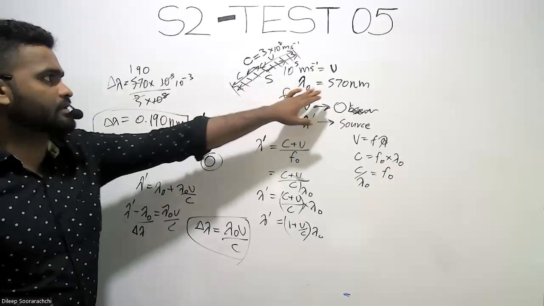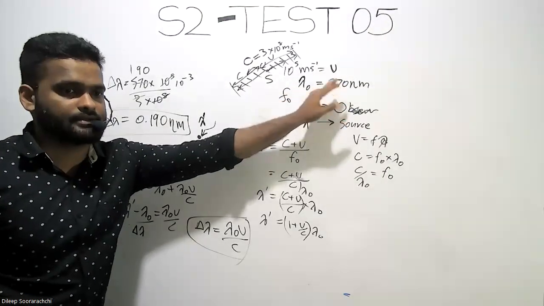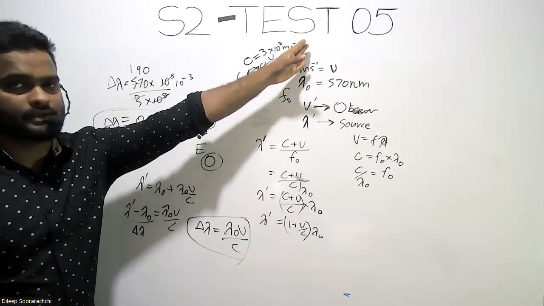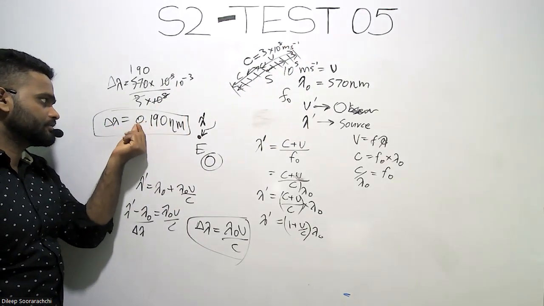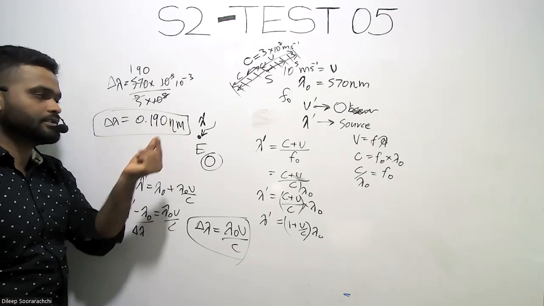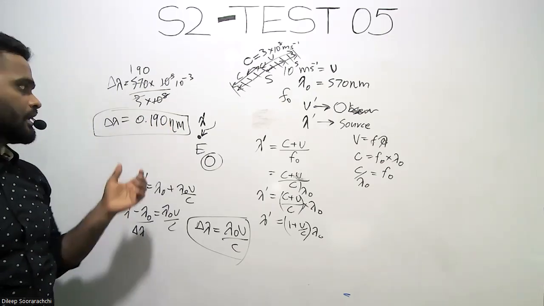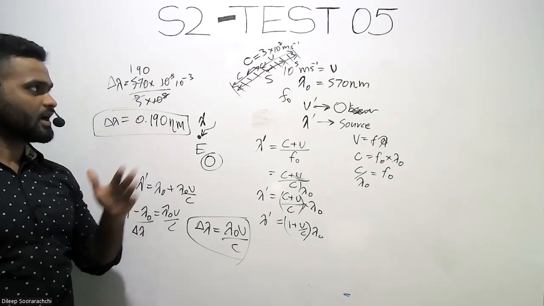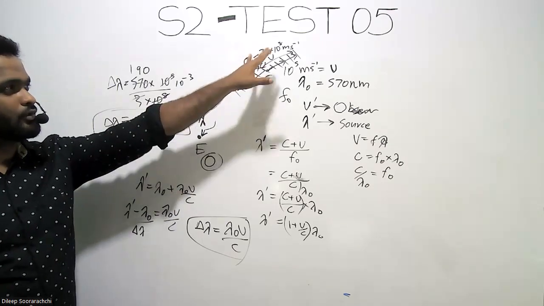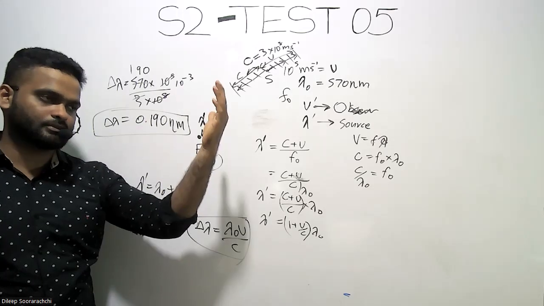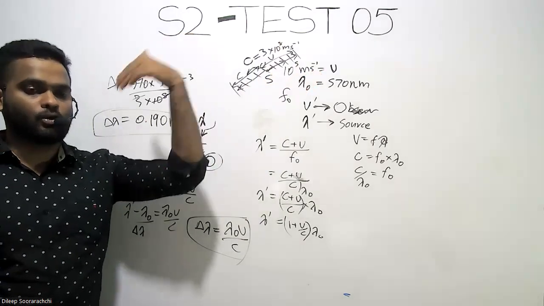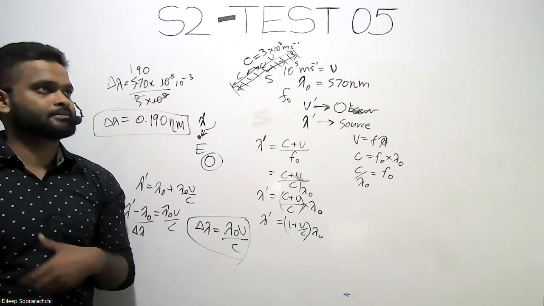So the actual wavelength is 570 nanometers. Due to the motion of the star, the wavelength got deviated by this amount, 0.190 nanometers. This is how they find the velocity of the stars, and whether the star is moving away from or towards the earth.